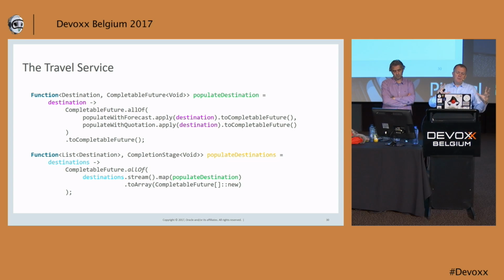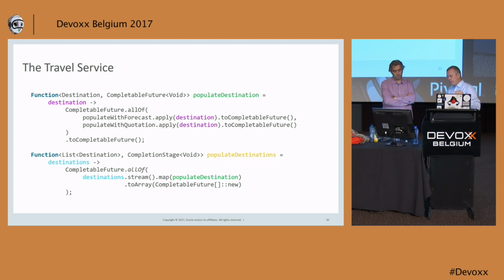And this mapping, in fact, takes a destination and returns a completable future, a void in that case, because it is just the previous method. This mapping will return immediately because we are just creating completable futures. They will not complete immediately, but they will be created immediately, synchronously. And we are going to put all those completable futures in an array for the next processing step.